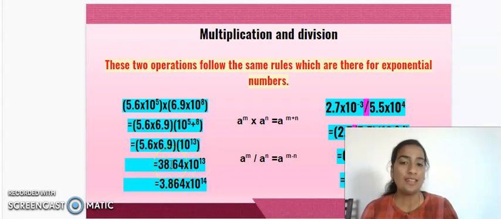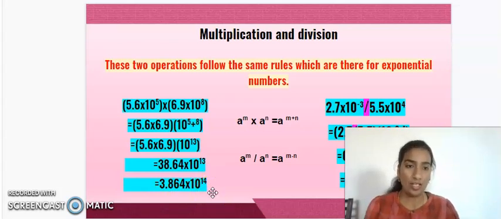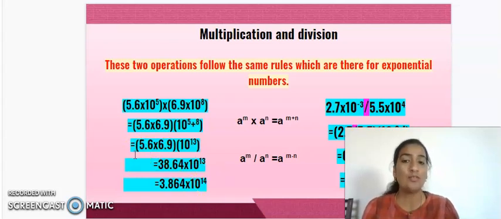So we have to rewrite this number in scientific notation by shifting the decimal one place to the left, so that 10 to the power 13 plus 1 is equal to 10 to the power 14. 3.864 into 10 to the power 14. So in multiplication, if the exponent is different, we have to multiply the coefficients together and the exponents together, and follow the rule a raised to m into a raised to n equals a raised to m plus n.